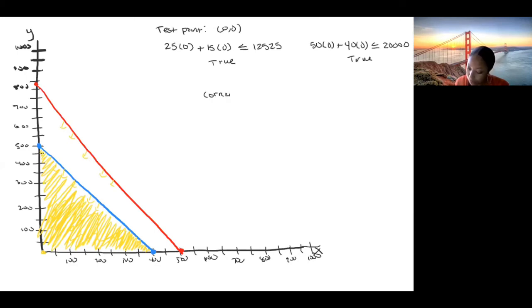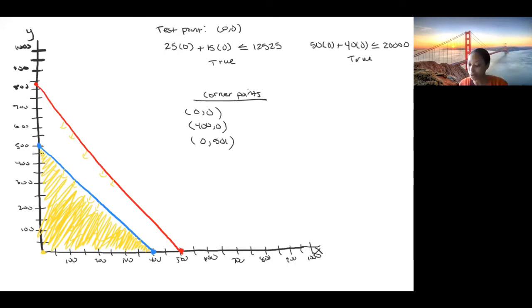Our corner points here are 0, 0, 500, 0. Oh, no, I'm sorry, 400. Oops. 400, 0, and then 0, 501. All right, and then remember, you find your objective function in the beginning, and then you don't really use it again until the very end.